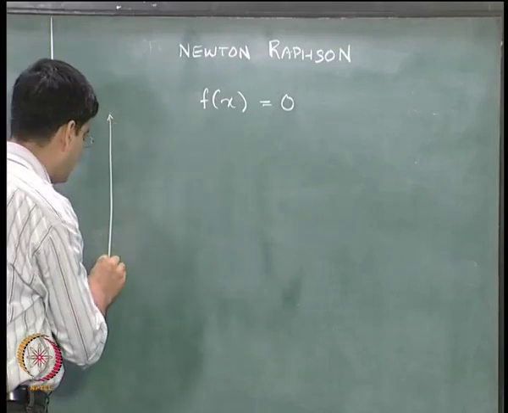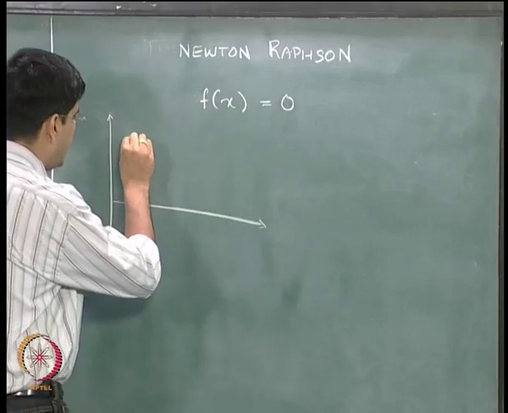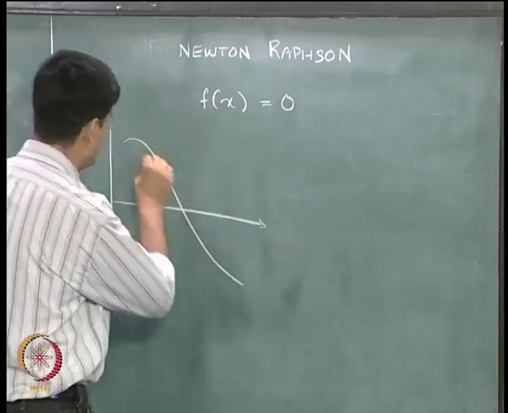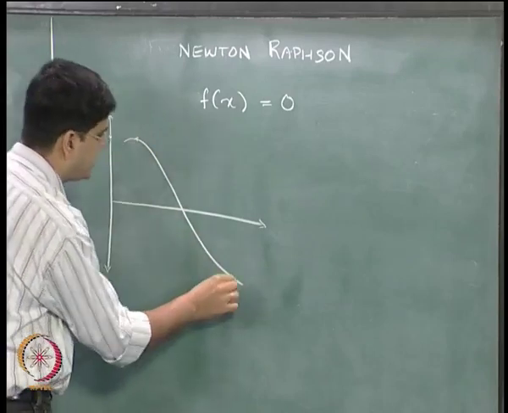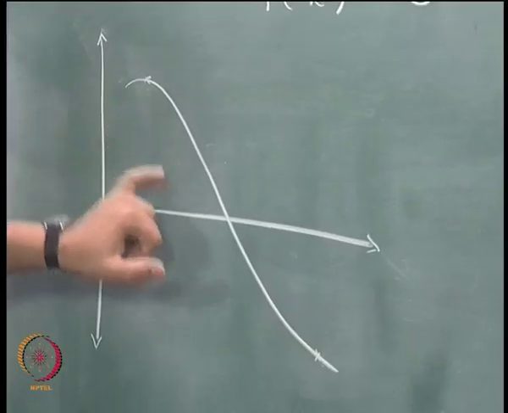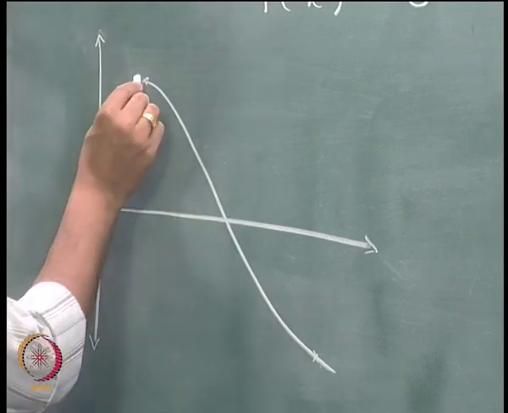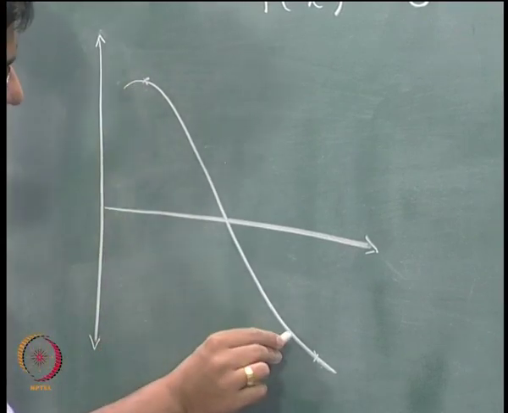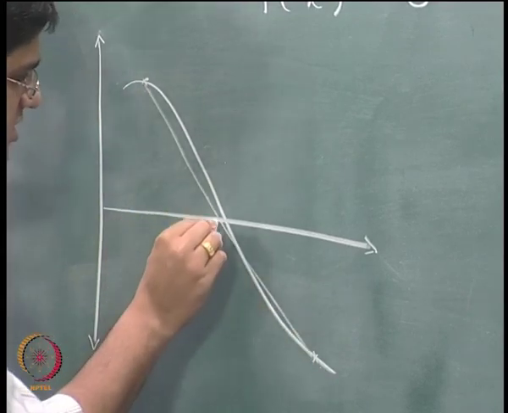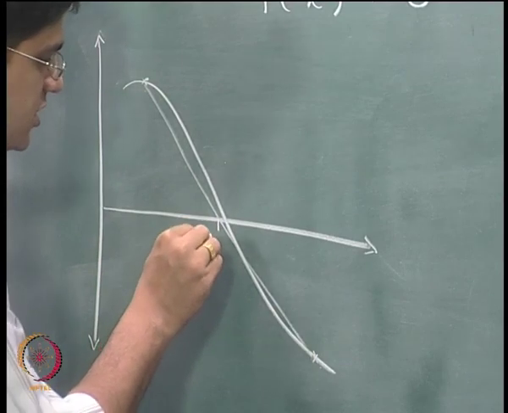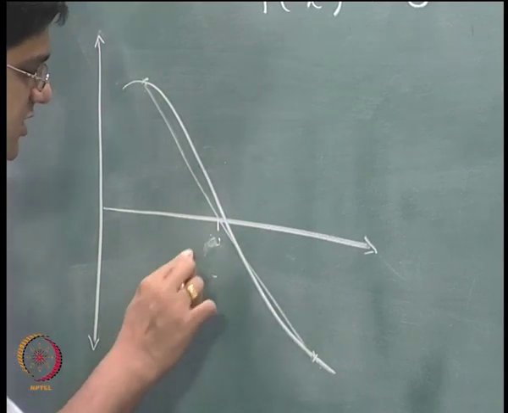This is what we did in the secant method: we had, for example, 2 points and we connected those 2 points by a straight line. The point at which that straight line intersected the x axis is what our new guess was. So this was our xi plus 1, or rather let us say this was our x2.